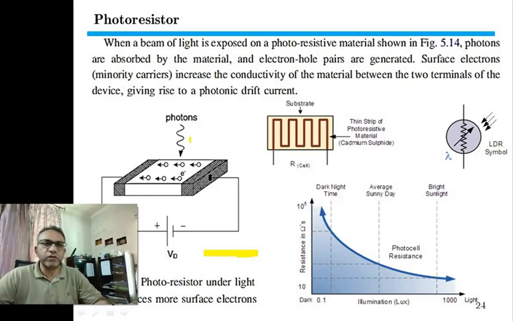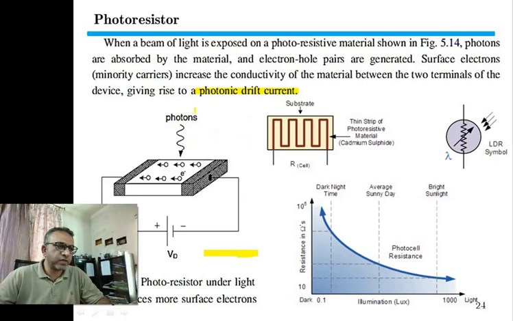This is the generation of an electron-hole pair. Now we have electrons, and these electrons, due to minority carriers, are now present for conduction, and hence a number of electrons will conduct, and now the material will start to conduct, or as the author says, give rise to a photonic drift current.